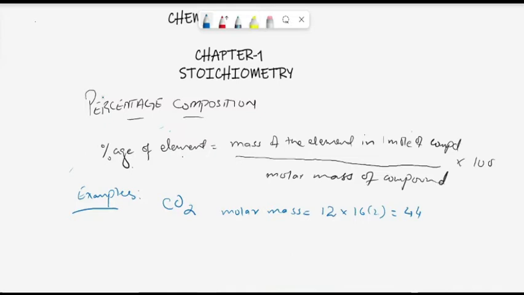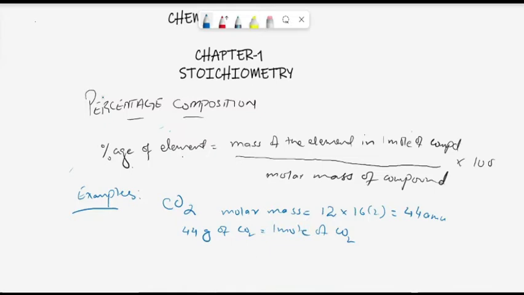The molar mass of carbon dioxide is 44 AMU, and 44 grams of carbon dioxide is equal to 1 mole of carbon dioxide. That is what you already know.